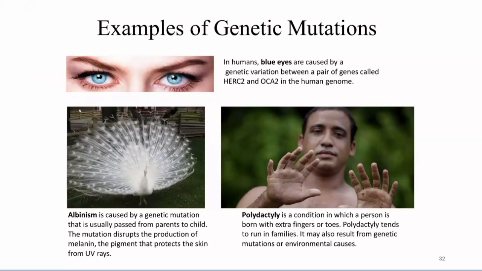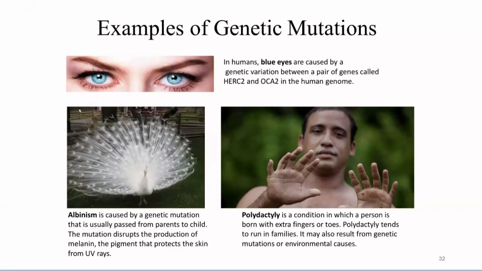Albinism, which is caused by a genetic mutation that is usually passed from parent to child, is a mutation that disrupts the production of melanin. This can happen in animals, as you can see here by the albino peacock, but this can also be produced in humans.